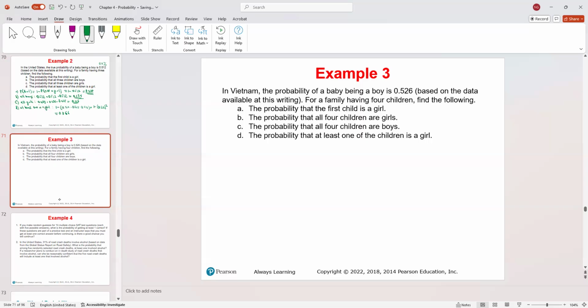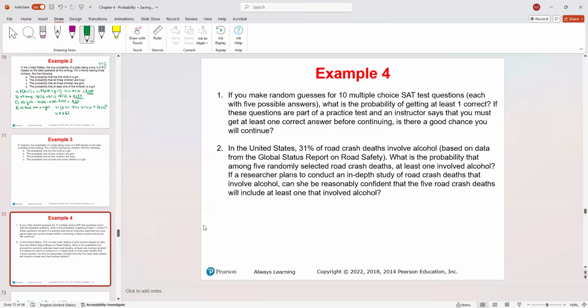As I said, I do one, you do one, I do two, you do two. It's the same type of questions, and you practice and let me know how you do with these exercises. Let's go with number four.